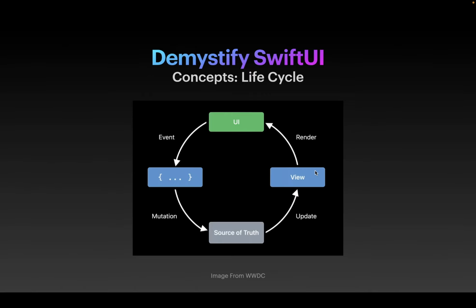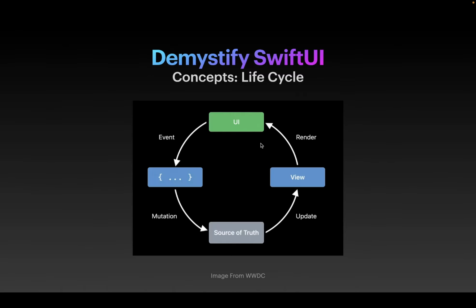And when the UI receives some events or updates, for example a user action like clicking on a button, that's an event. The event can sometimes mutate the data.